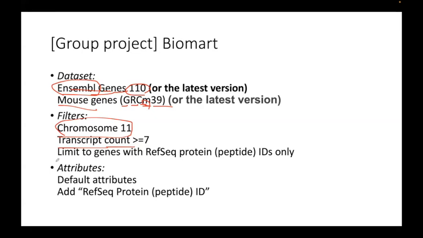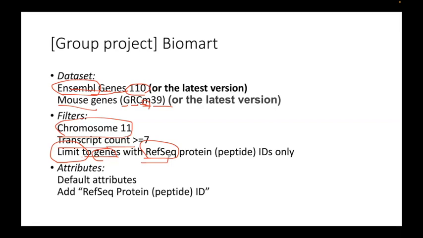And then I also want to limit the genes. The reference sequence database is an NIH database, the NCBI database. I want to have genes that are also curated in the NIH's RefSeq protein database.